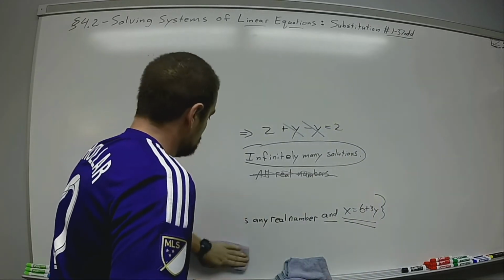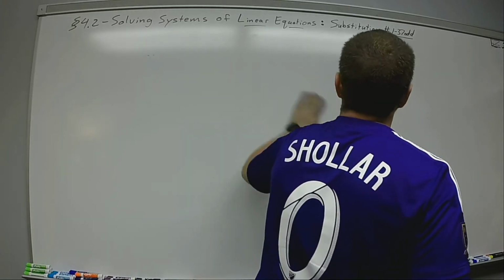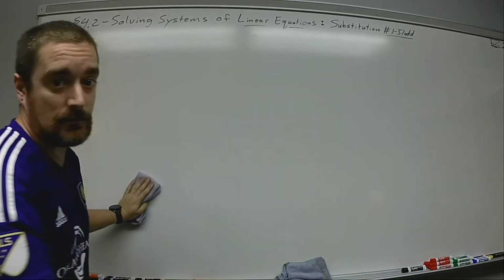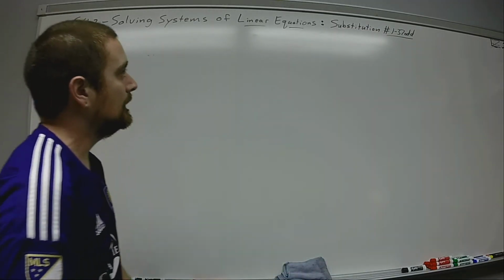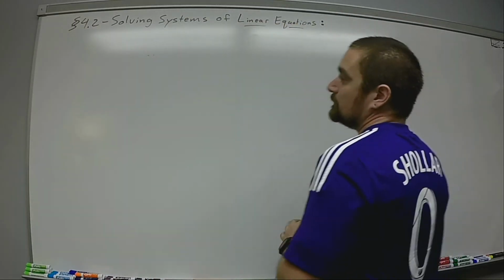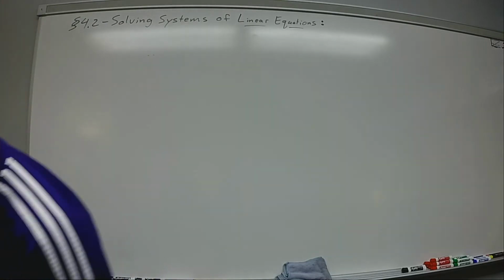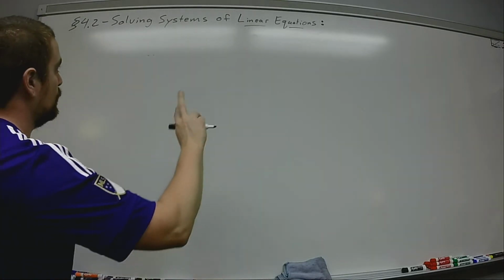So that is solving systems, 2x2 systems, using the substitution method, which can be extended to larger systems. You'll tackle that in college algebra and beyond. But there's one other technique that we need to cover, which gets us into section 4.3 now.